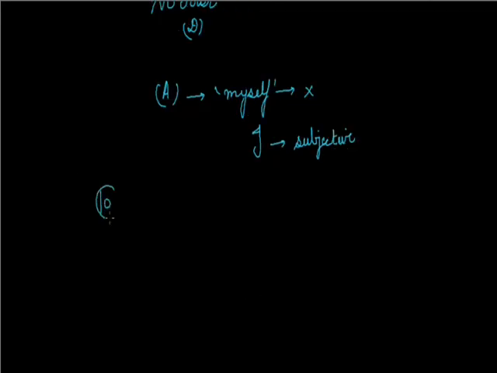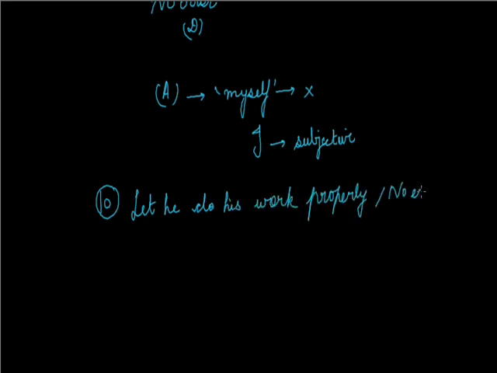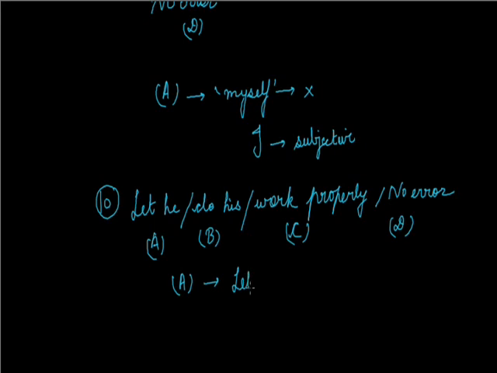10th question. Let he do his work properly. Find out the error in the sentence. Let he do his work properly. A, B, C, and D. The error is in part A. This should be let him, not let he.